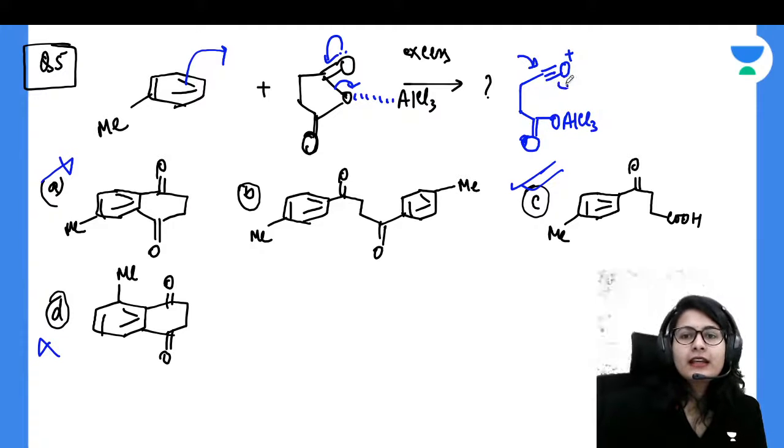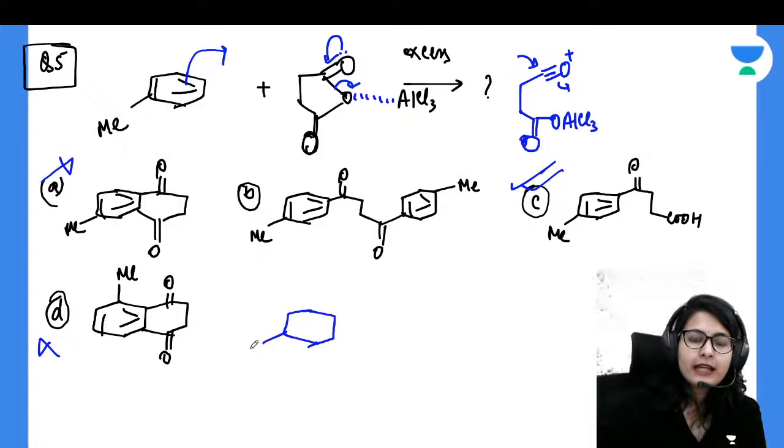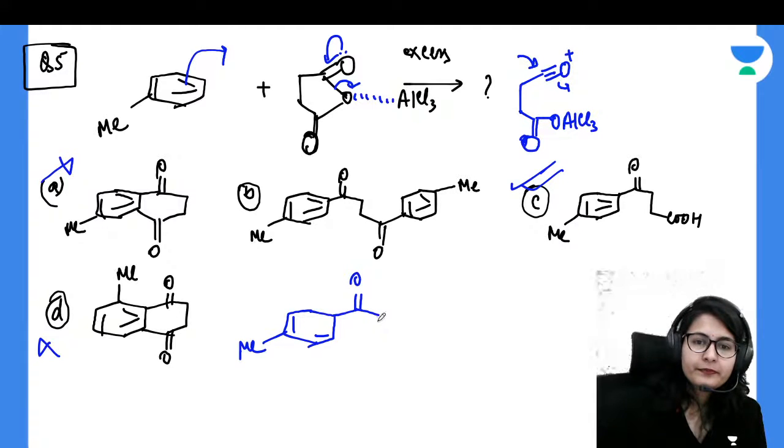Molecule attacks either from ortho or from para, but the major product is going to be obtained from the para attack.